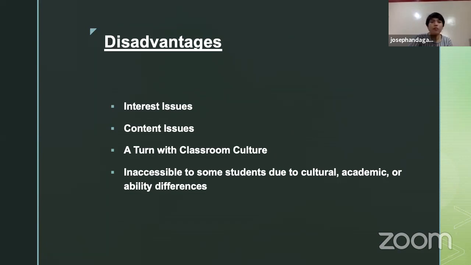It's a recurring problem when it comes to culture. Long before this pandemic, we have had problems when it comes to cultural, academic, or ability differences. And hopefully this will not be the main problem when the Department of Education started the class for this upcoming school year.